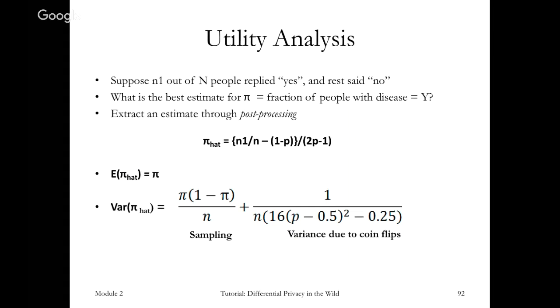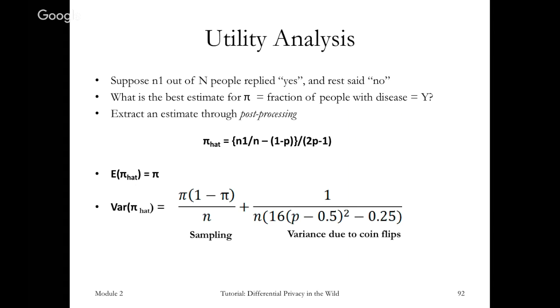So with randomized response, I could flip everybody's value using this procedure. And then in the end, I get this new database of yes, no answers, but some of them have been corrupted by this flipping process. Now I want to come up with an estimate for how many people really have the disease.